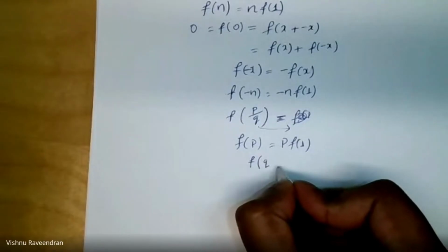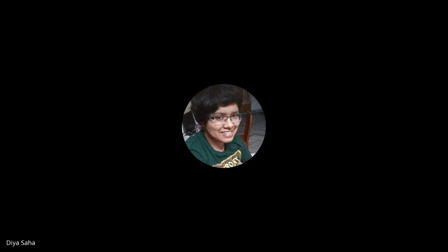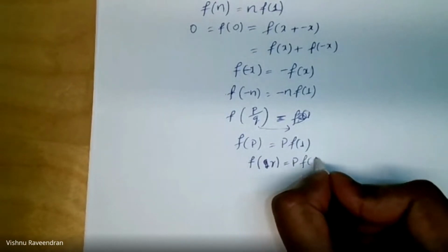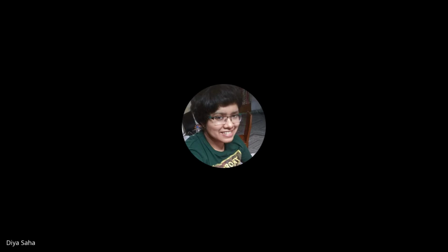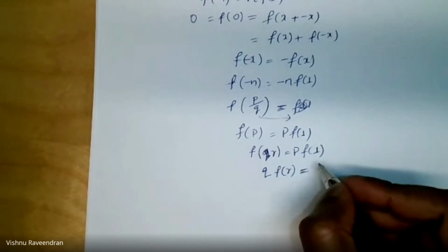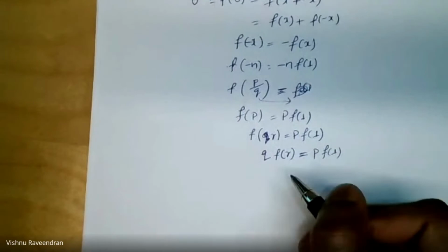So f of qr is equal to p into f of 1, and then we can write q into f of r is equal to p into f of 1.